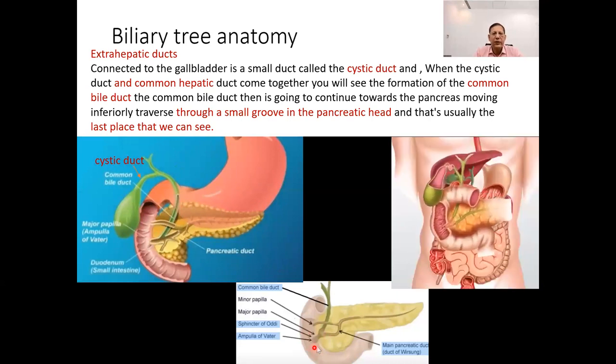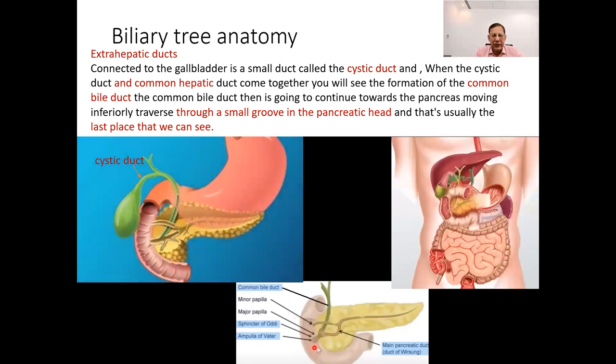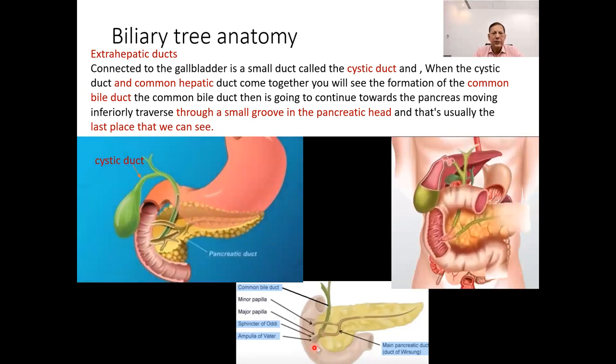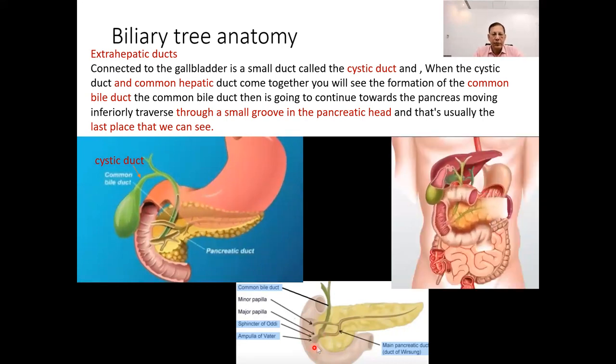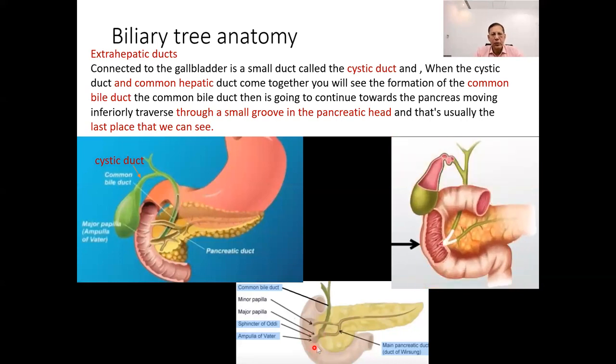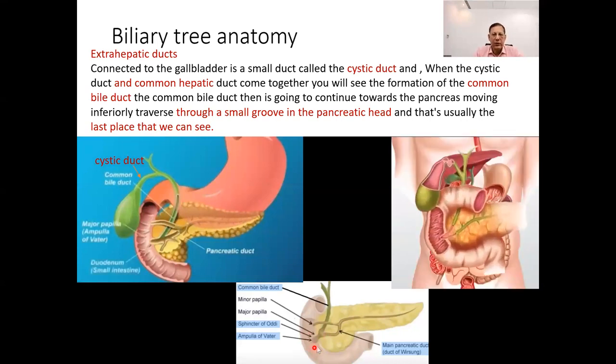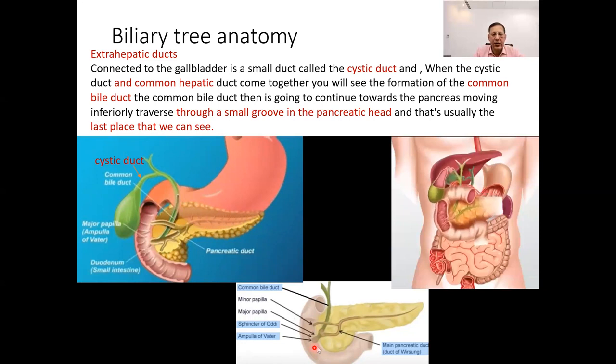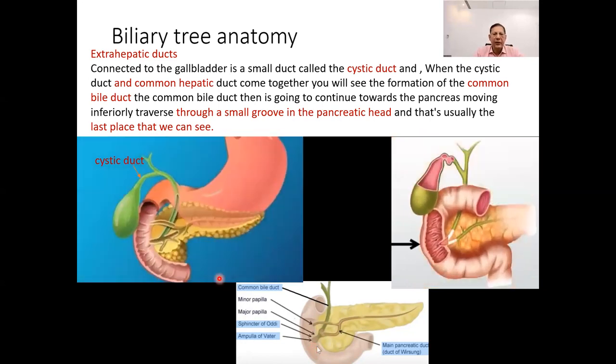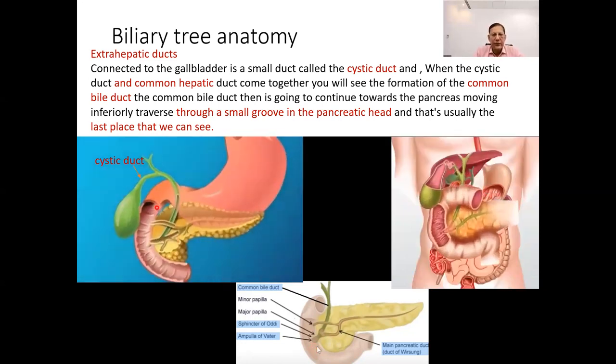When they relax, the opening of the ampulla of Vater is present, and when they contract, the opening will be closed.